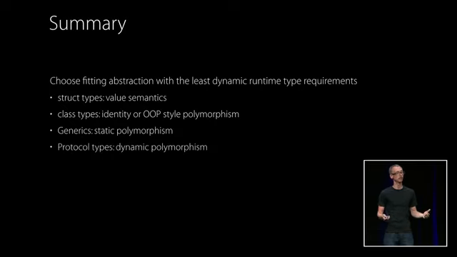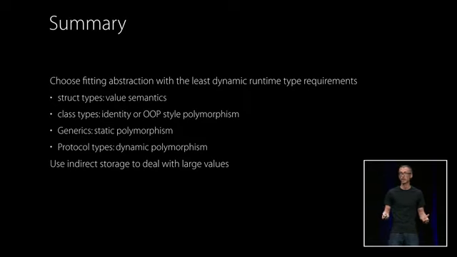And if you need dynamic polymorphism, such as in our array of drawable protocol type example, you can combine protocol types with value types and get code that is comparably fast to using classes, but you still can stay within value semantics. And if you run into issues with heap allocation because you're copying large values inside of protocol types or generic types, I showed you a technique, namely using indirect storage with copy on write, to work around this.